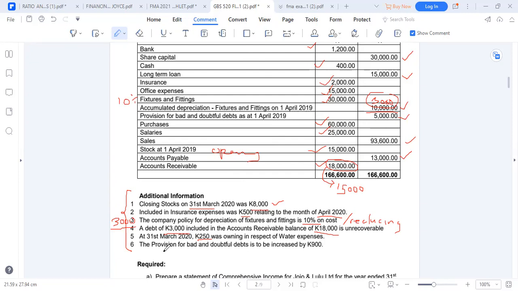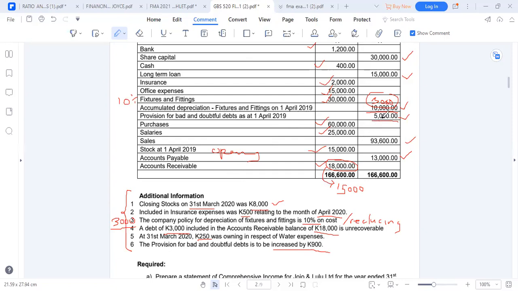Then we are also told that there's a provision for bad and doubtful debts, which has increased by 900. If it reduced by 900, this 900 would have been added to the gross profit, but it has increased by 900. So our doubtful debts was initially what? 5,000.